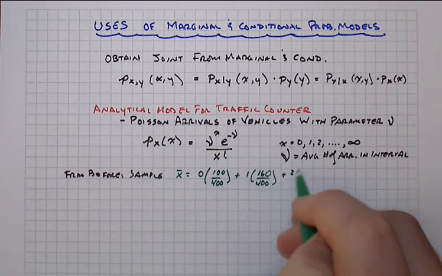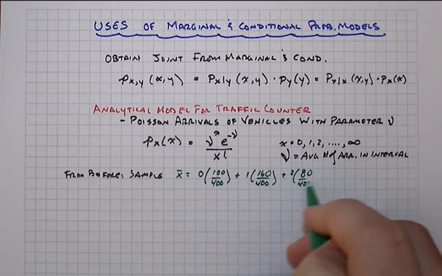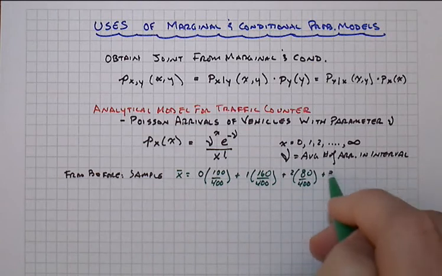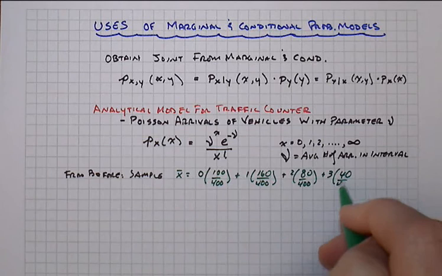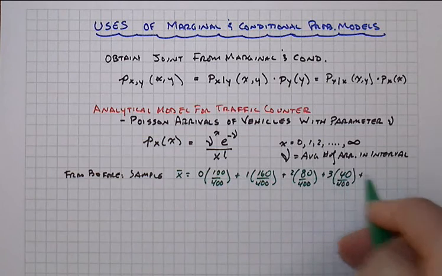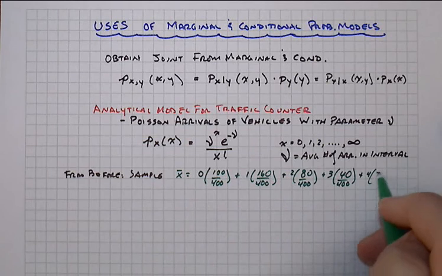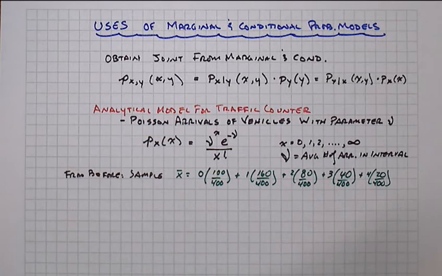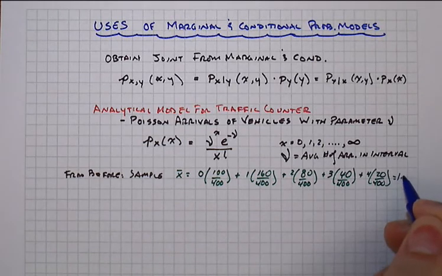We had 2 show up 80 out of the 400 times. We had 3 show up 40 out of the 400 times. And we had 4 show up 20 of the 400 times. And work that out, and that is equal to 1.3.